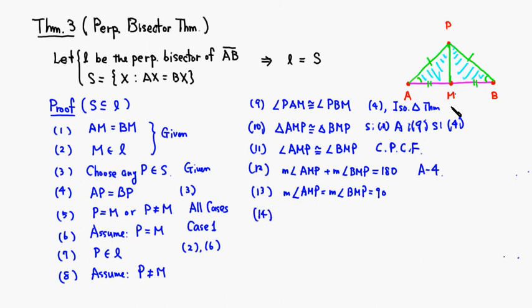Since PM is a perpendicular bisector, maybe I should say L is actually equal to line PM. So of course P is going to be on that line. So this is what we want. We know that this is 90, so it comes from 13.